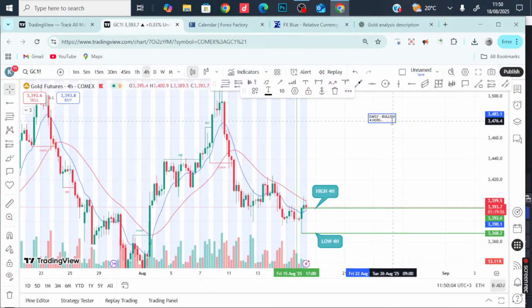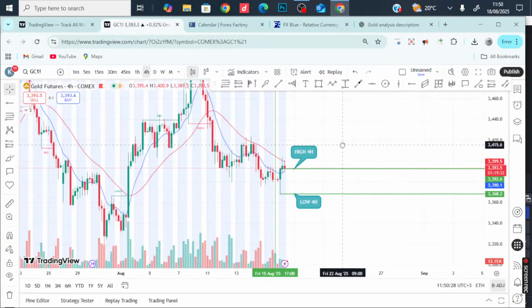So the trend is, the market is having a downtrend.